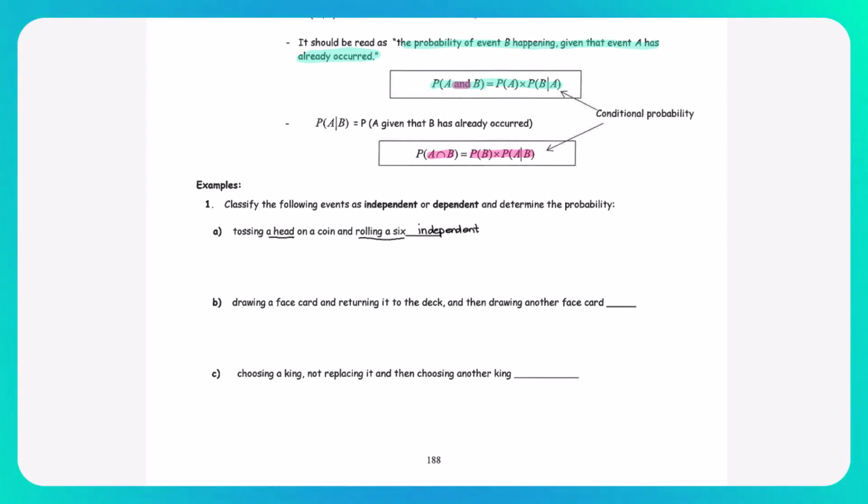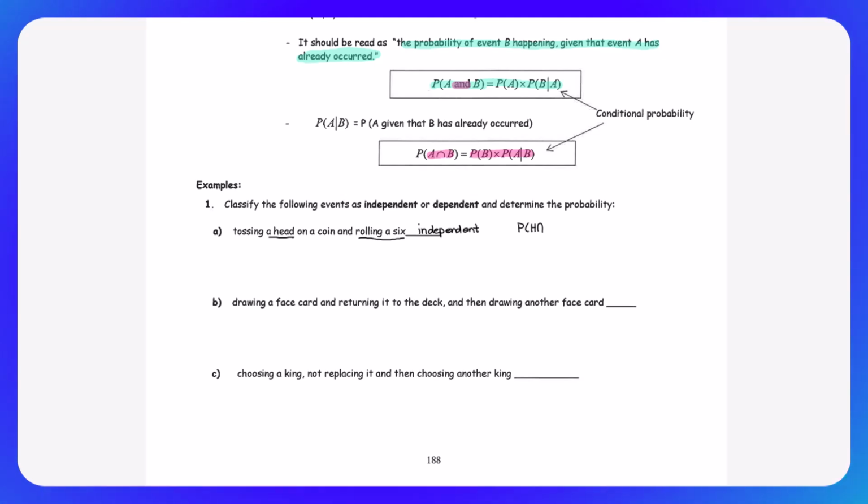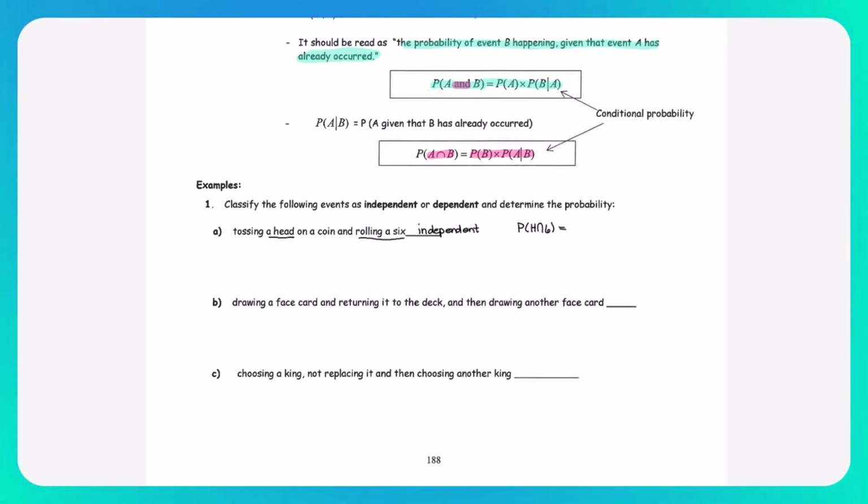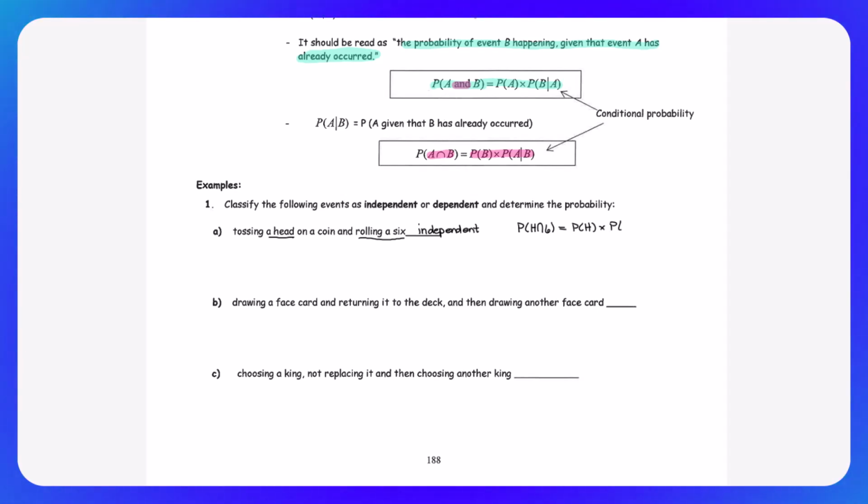Now, because we know they're independent, we can use our formula saying that the probability of rolling a head with the 6 equals the probability of having a head on a coin times the probability of rolling the 6.